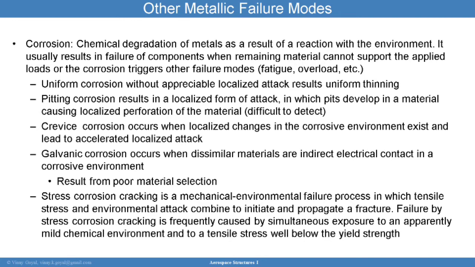Uniform corrosion can occur without appreciable localized attack, resulting in uniform thinning. You could also have the situation of pitting corrosion, which is quite common, where you have a localized form of attack to the material, and you get these little pits that develop in the material, causing localized perforation of the material.